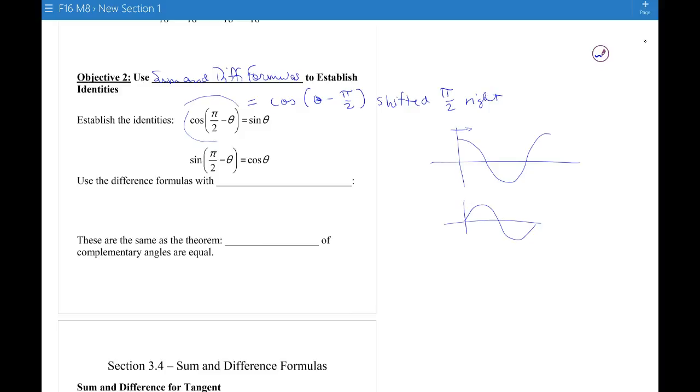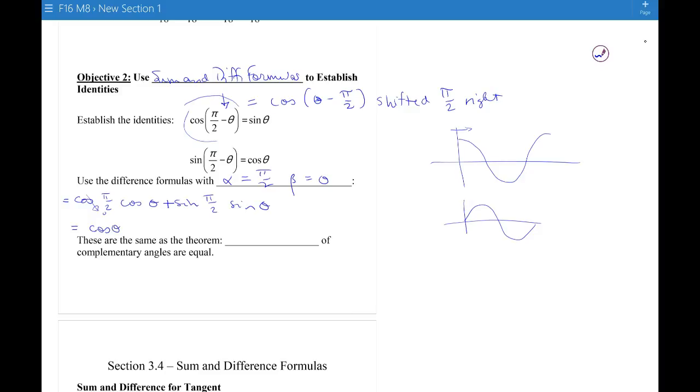So we can use the difference formula with alpha being pi over 2 and beta being theta. And you'll see that you're going to get cosine, cosine, sine, sine, first angle, second angle, second angle. And with the cosine, when you have a minus in the argument, you get a plus in the formula. But we know that the cosine of pi over 2 is 0.